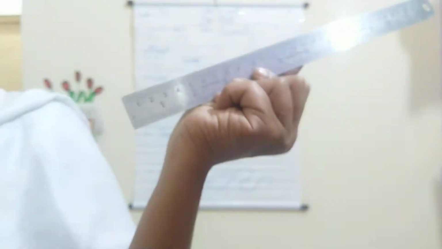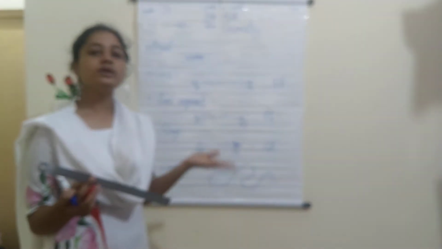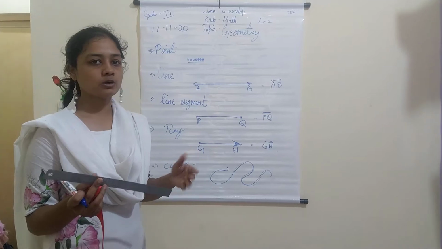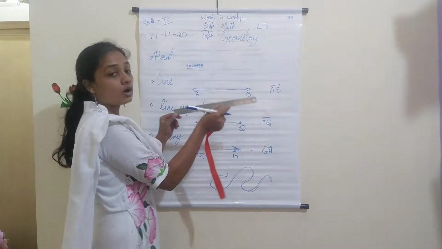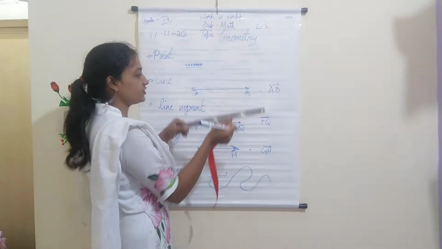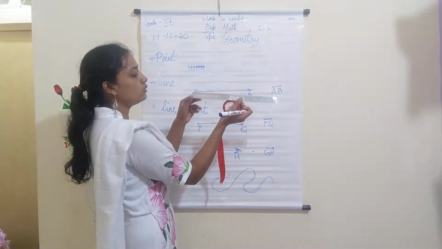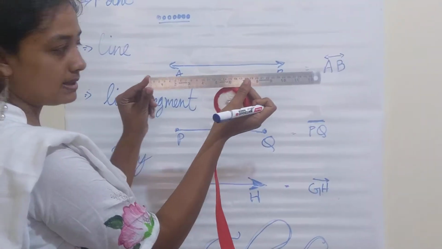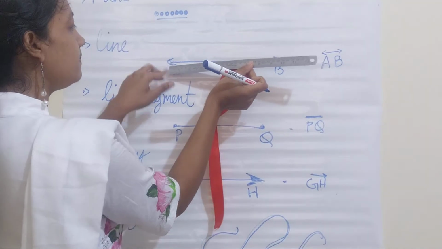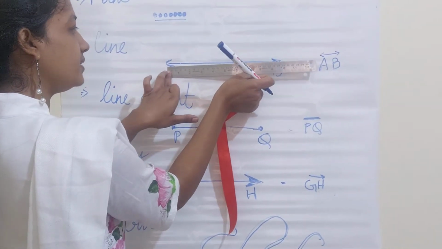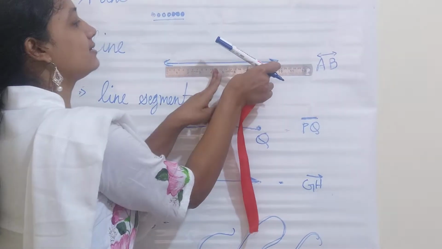So now take your scale. I'm just showing you in the exercise. You will be measuring along with me. Now just watch how I am going to start measuring it. I am going to start from the 0 on my scale. I will keep it like this.